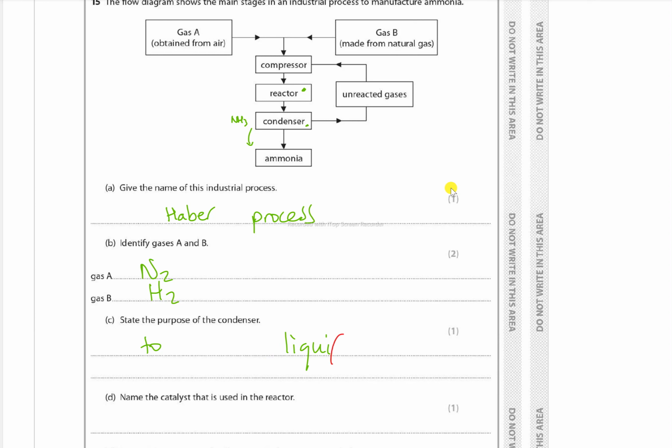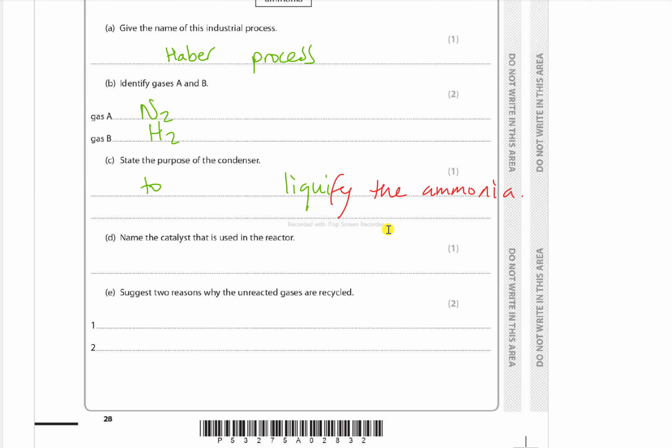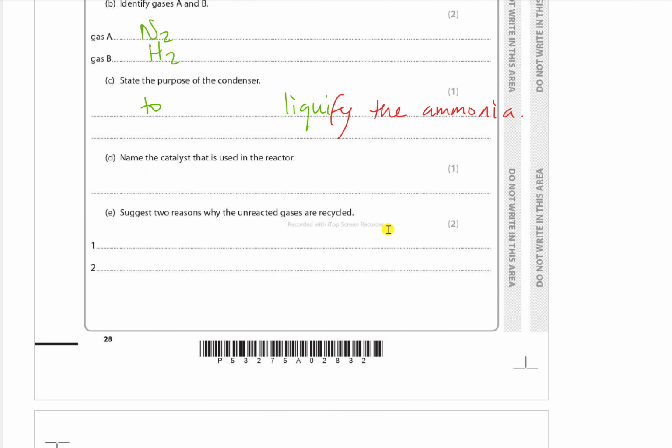To liquefy the ammonia. Name the catalyst used in the reactor. So it's iron. Again, you don't have to know this anymore.